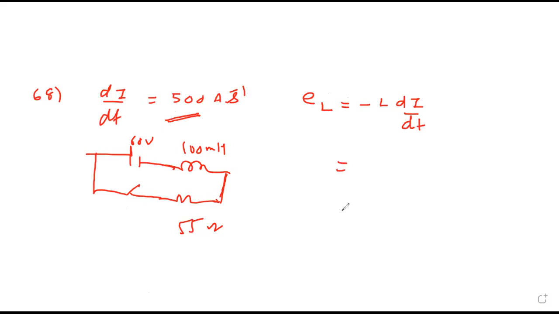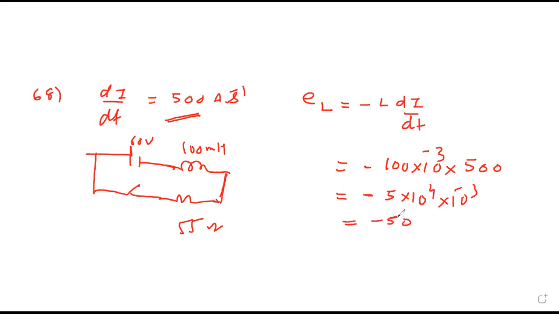Hello? Yes, sir. So minus of L, L is 100 millihenry, so 10 raised to minus 3, and current is changing at the rate of 500, so minus 5 into 10 raised to 4 into 10 raised to minus 3. That means minus 50 volt.